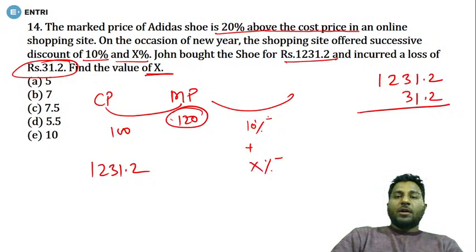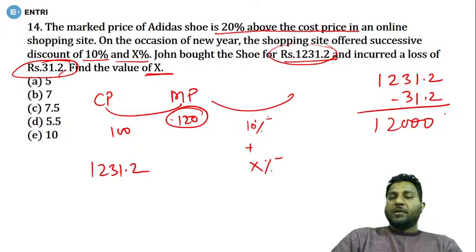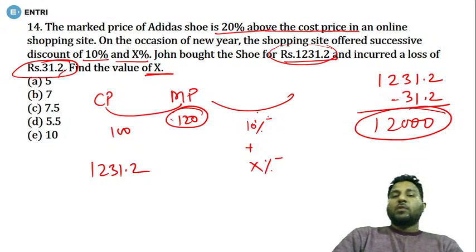Look, John bought the shoe for 1231.2. Okay, and incurred a loss of this. That means it must have been subtracted. That means he must have bought at 12,000. All right, so the cost price must have been 12,000.